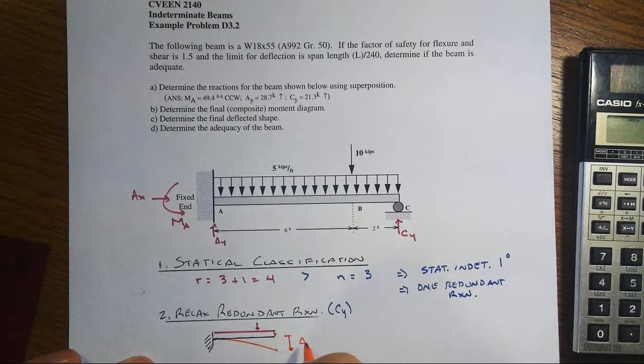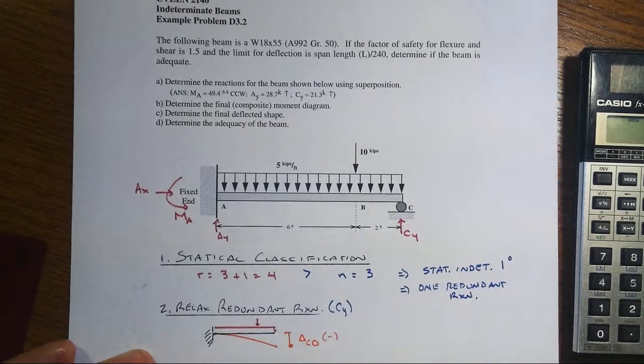Right, that we're going to have out here at C, where we removed this redundant reaction, where we've allowed that value of the reaction to be 0 by getting rid of it. We're going to have a negative displacement.